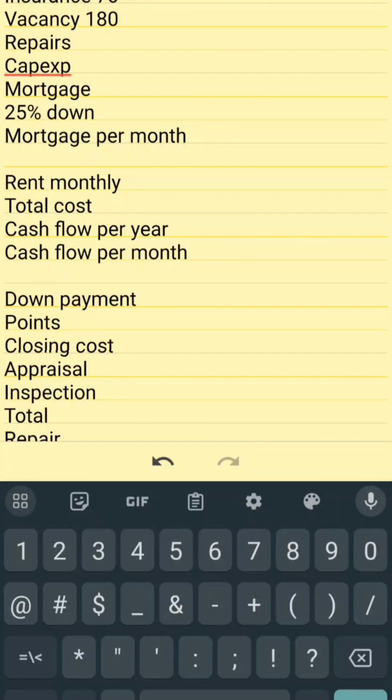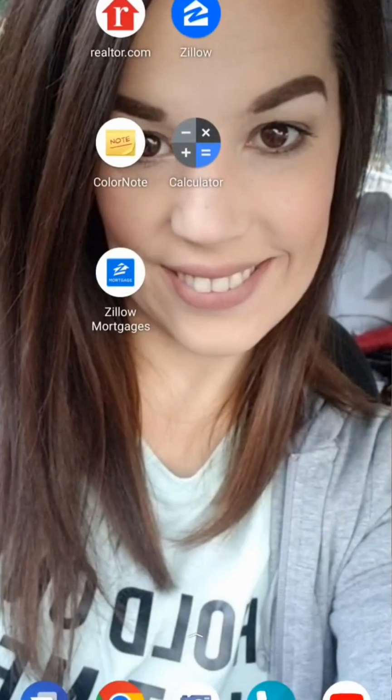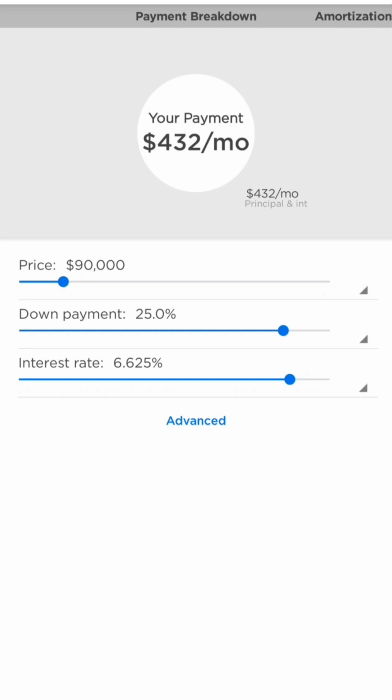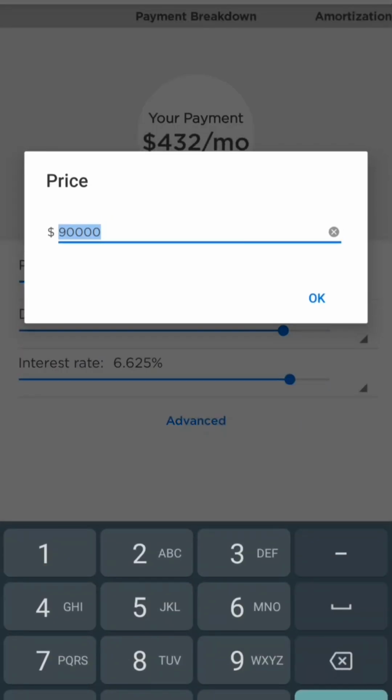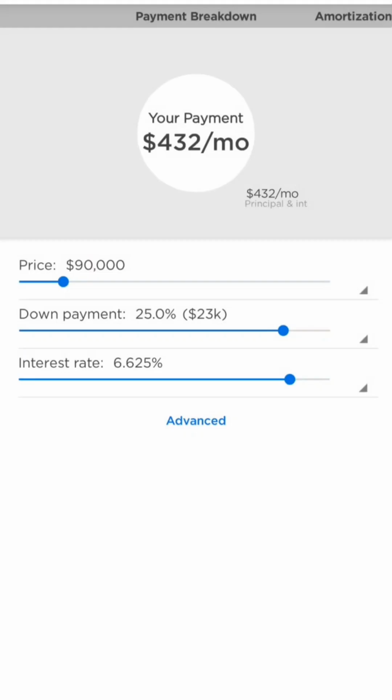So we want to go over to Zillow Mortgage Calculator. Now, there's tons of different calculators out there. However, this one I like the best. As you can see, I've already ran these numbers. So we're just going to put 90,000 in for the price. Conventional loans for me is 25% down.